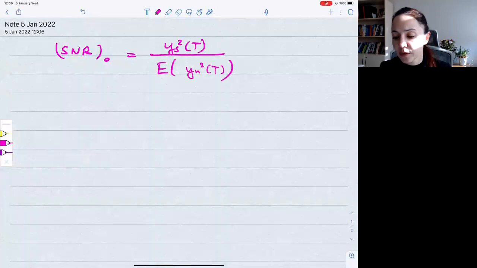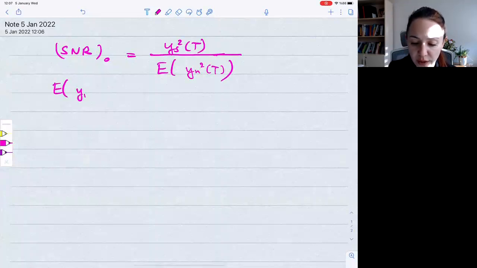At the moment, I'm assuming that the signal is deterministic, so I'm not using an expectation for the power. Okay, so let's evaluate this expectation of yn squared of T.